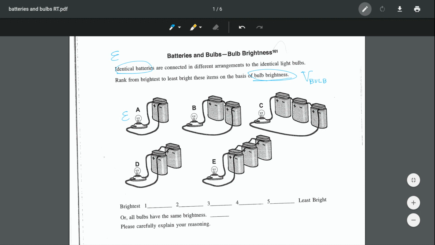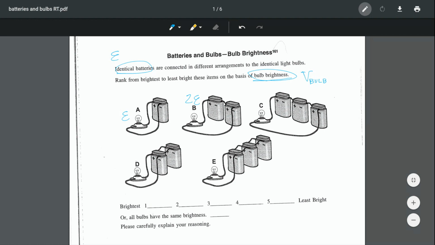If I look at case B now, I see that there are 2 batteries wired in series. So this is like 2 staircases in series. You go up one flight of E, another flight of E. So that makes a total potential difference of 2E over this bulb.